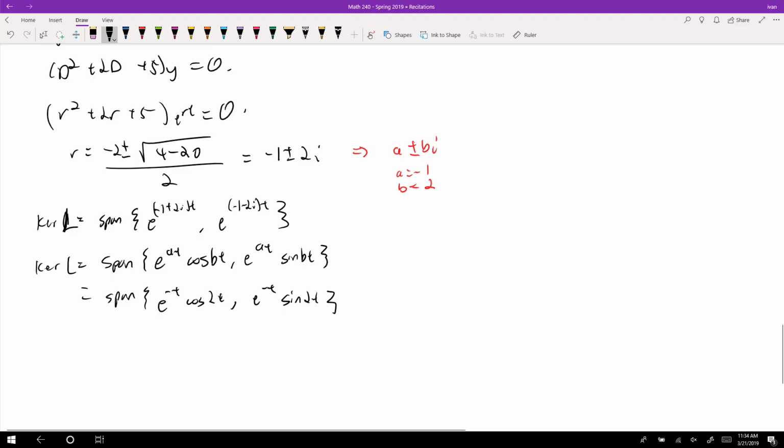Okay, so y of t is going to be equal to c1 e to the -t cosine 2t plus c2 e to the -t sine 2t.